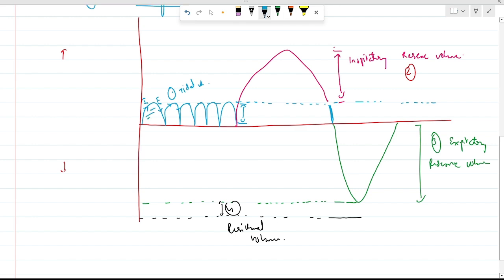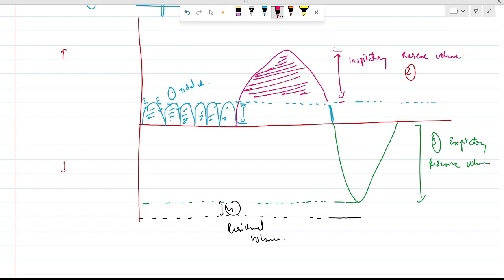So let's again see the different graphs. This is our first volume, the tidal volume here. Above and more than this tidal volume, we have our second volume, that is our inspiratory reserve volume. We'll discuss the values later. First we'll see the graphs.